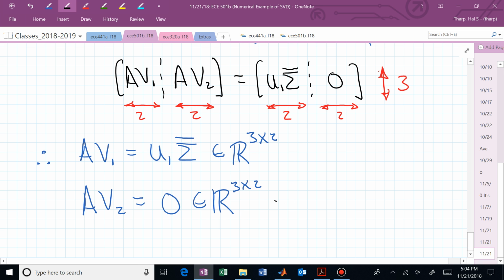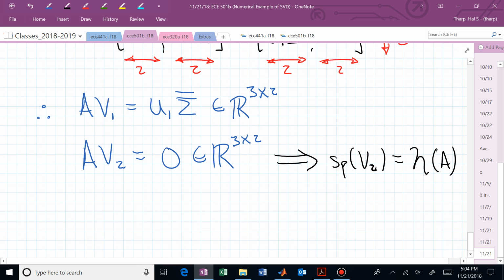But what does that mean about the vectors V2? These are non-zero vectors. V2 completed the R4 orthonormal basis. We can now say that all columns in V2 map to the 0 vector, so the span of V2 corresponds to the null space of A.